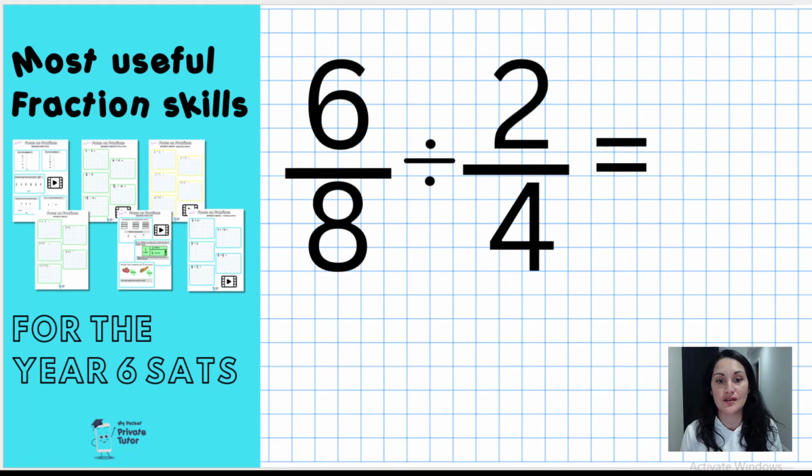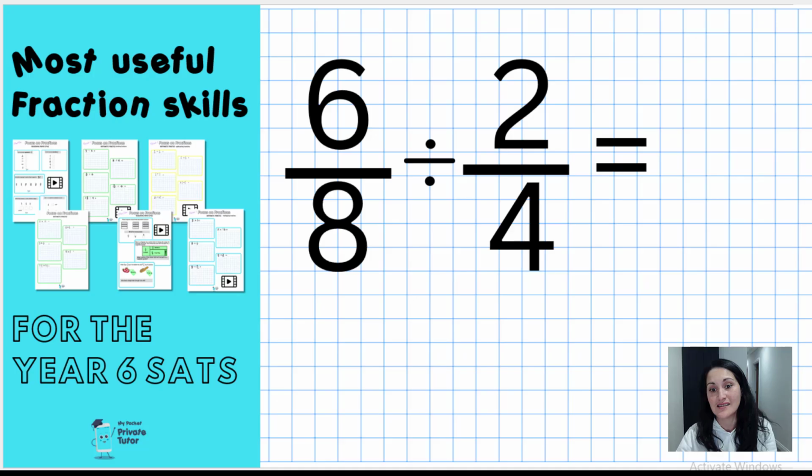For fraction division questions, what we often see is the multiplication method being applied. Now, the division method, the correct method for dividing fractions, does have an element of the multiplying fractions in it.